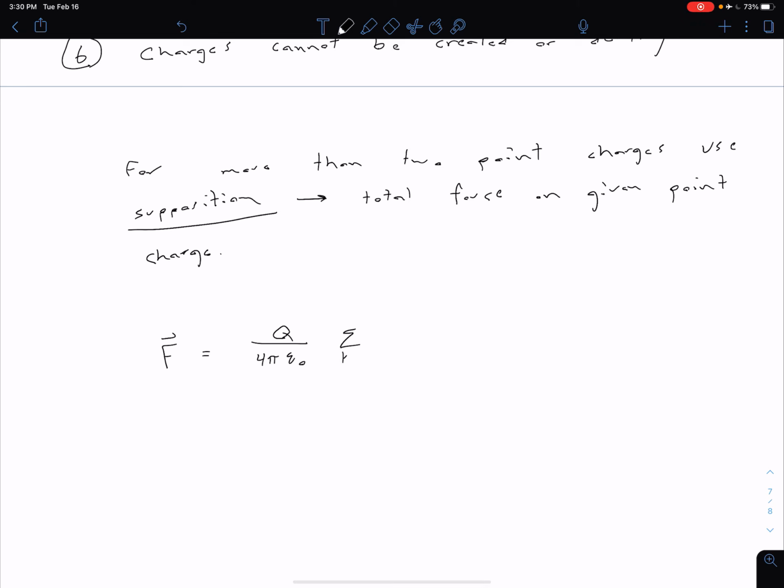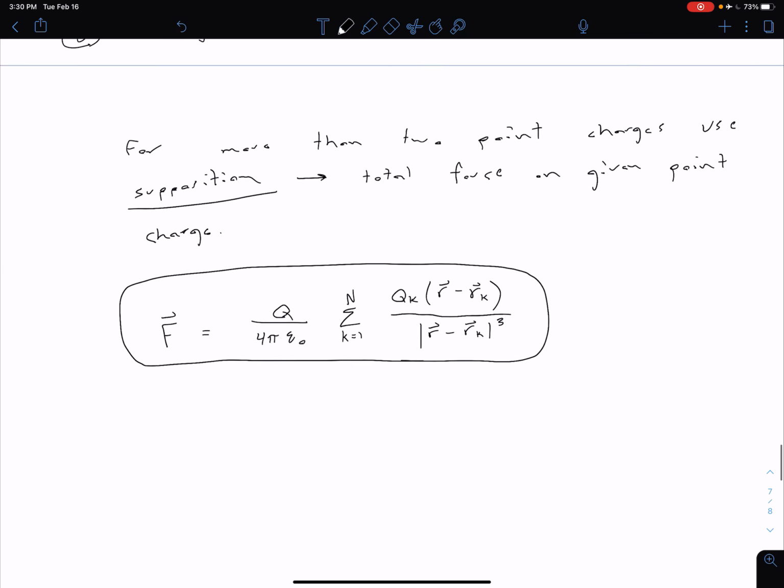The summation goes from k equals 1 to capital N, and we have the charge of our kth other point charge, times the position vector of our charge of interest minus the position vector of our kth point charge, divided by the magnitude of that distance, r minus r sub k, raised to the power of 3.